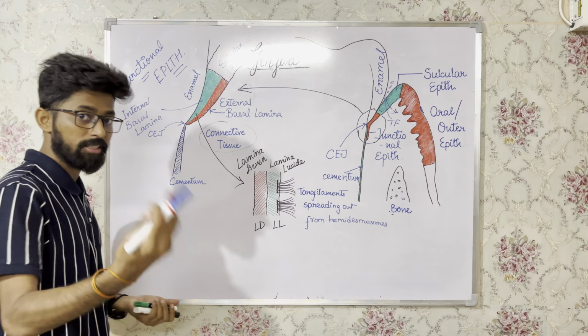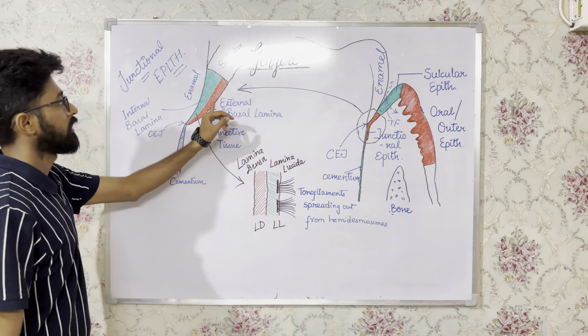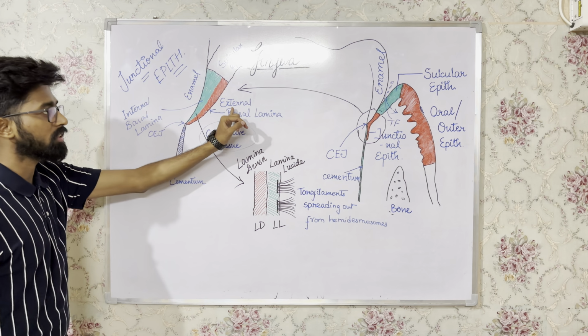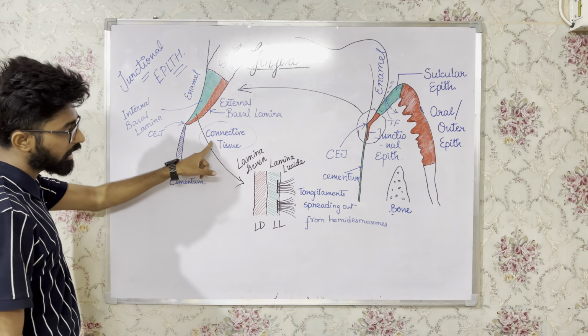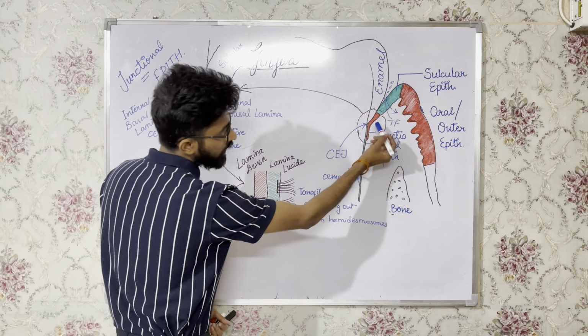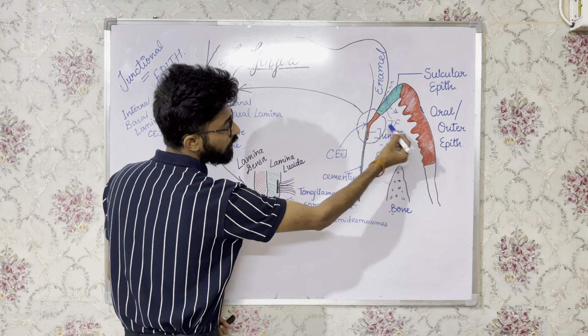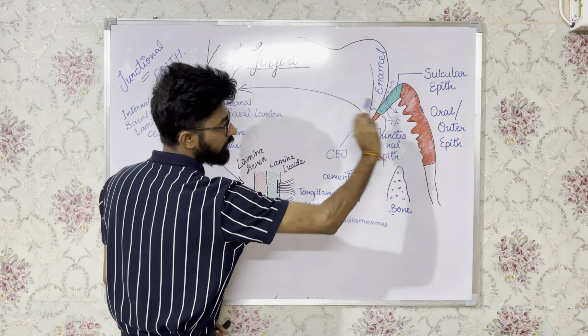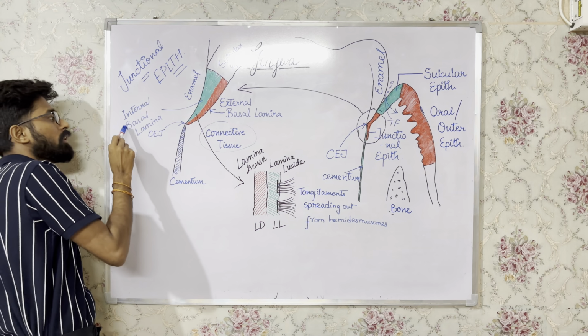So as discussed earlier, junctional epithelium has 2 sublayers. This one is the external basal lamina, which is facing the connective tissue. The outward portion of the junctional epithelium is the external basal lamina, which faces the gingival connective tissue. And the inward is the internal basal lamina.